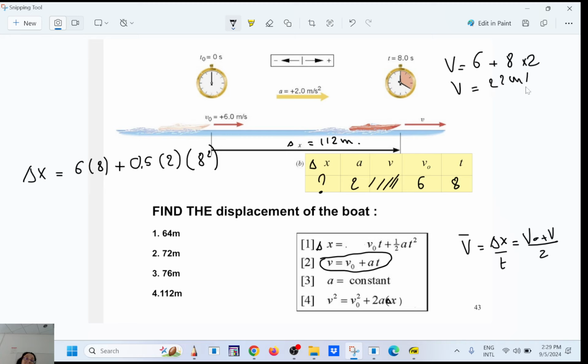Is that right? Every second it's accelerating by 2 until 8, so 16 is the increase. You see, this is your delta V: the time times the rate, plus whatever you begin with.